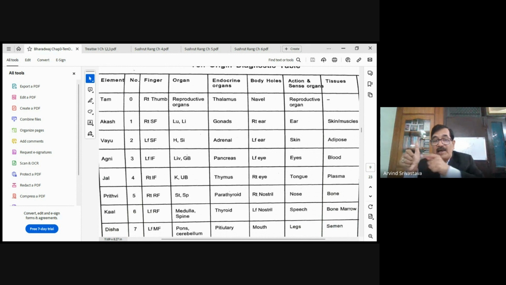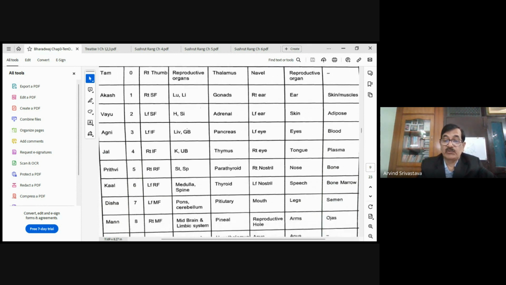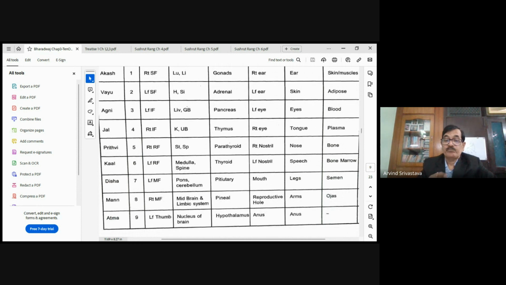They have thalamus on the thumb, and hypothalamus is the chief. Hypothalamus is the chief of this endocrine orchestra, he is the head of this endocrine orchestra.